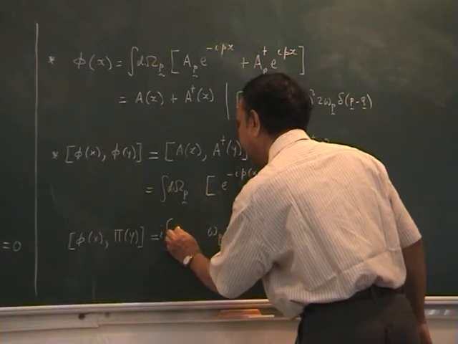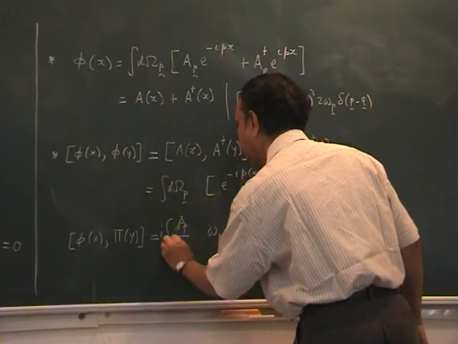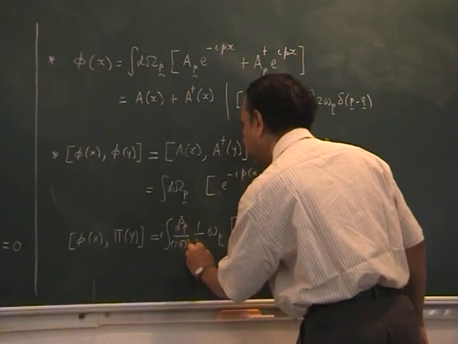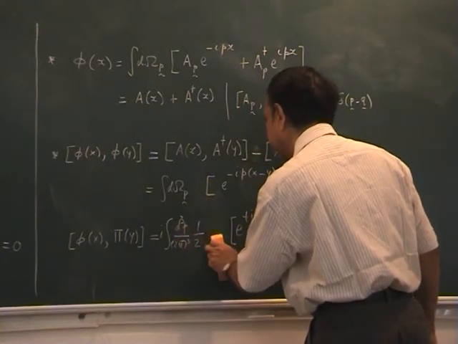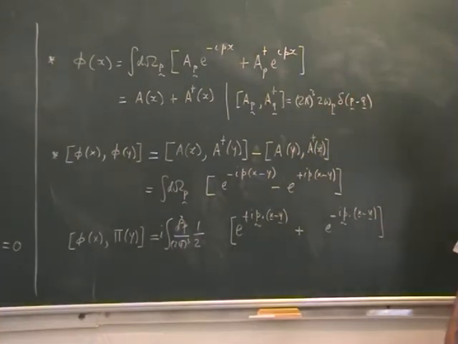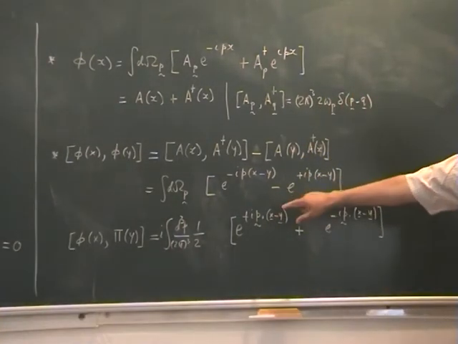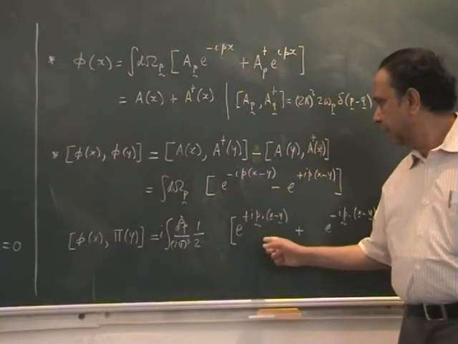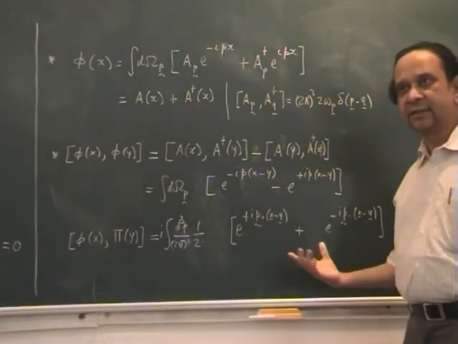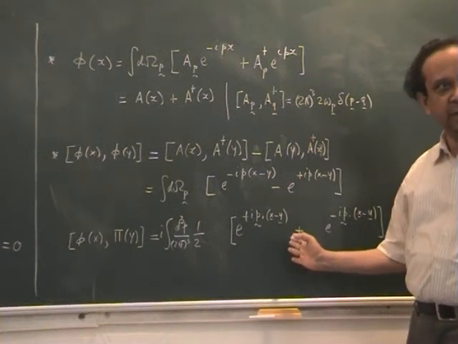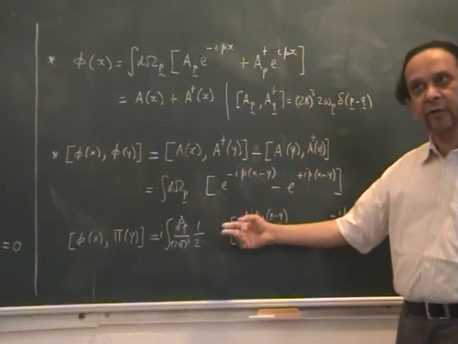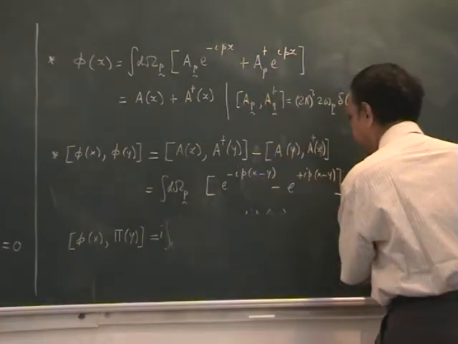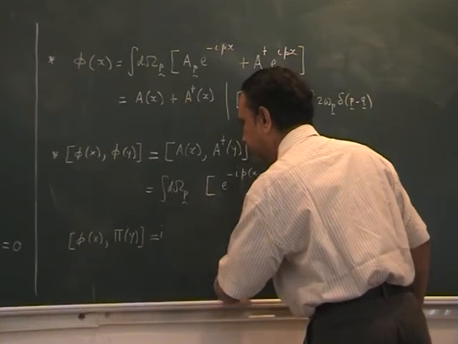This is going to be d3p over 2 pi the whole cube, 1 upon 2 omega p, and that omega p cancels it. Now that is very nice because the differentiation brought down an omega, which cancelled with that 1 over omega. The integral over either of these is a Dirac delta function on x minus y. There is a half waiting to take care of that. So you end up getting just i times delta of x minus y.